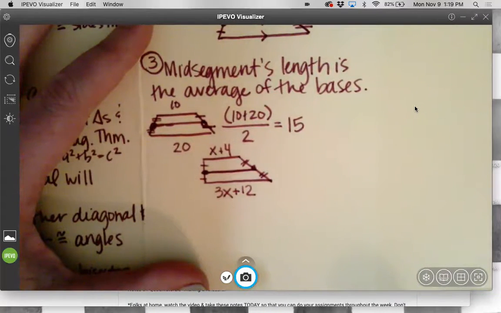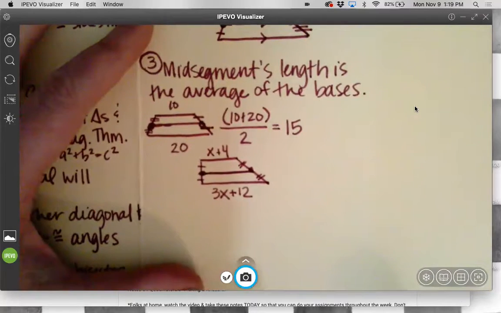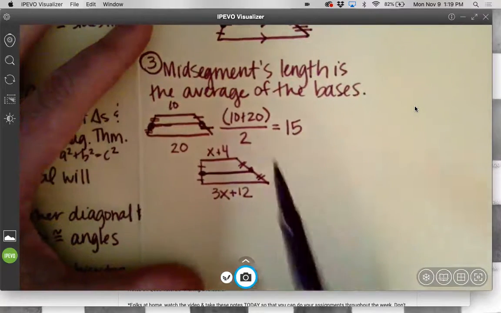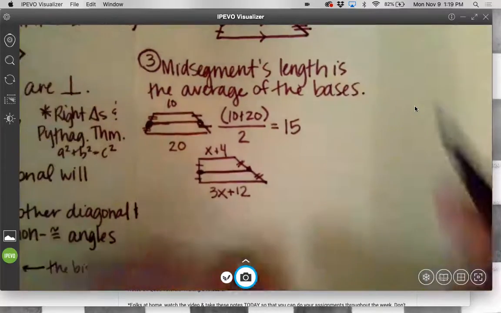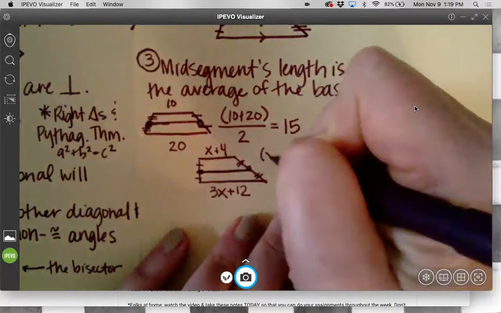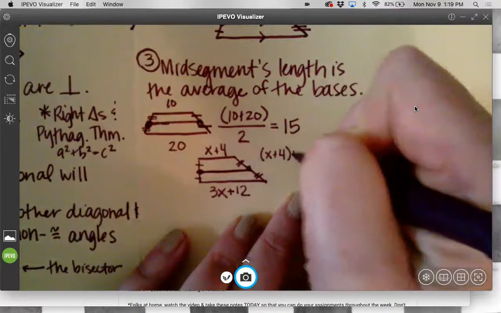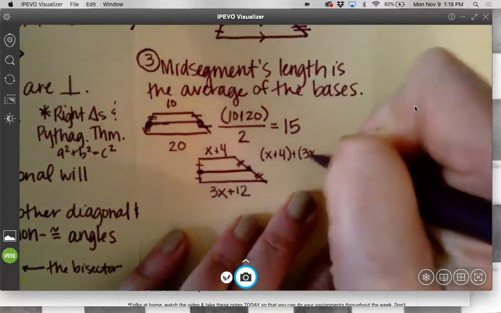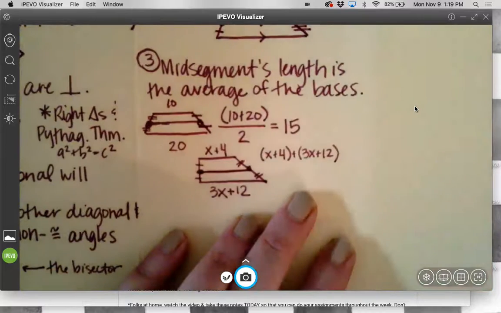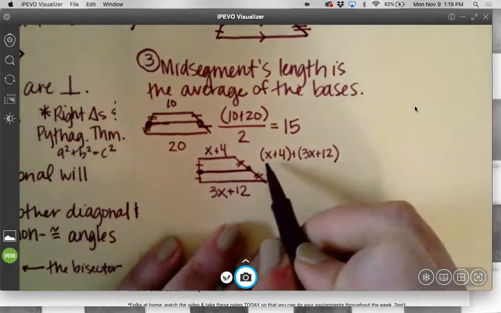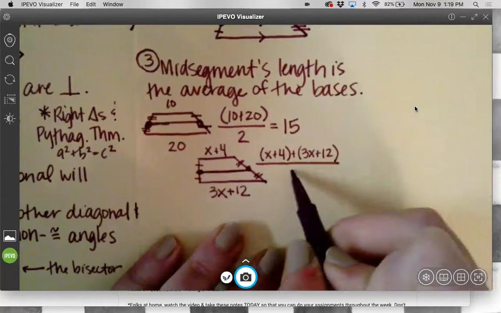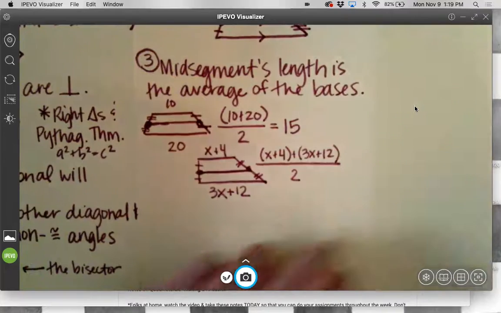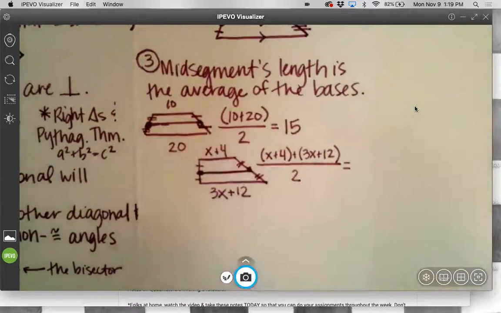And you're trying to average those. It's the same concept that you used up here with the easy numbers. You're going to add up the two bases. So we added them up, and then we divide it by 2. And that is equal to our mid-segment.